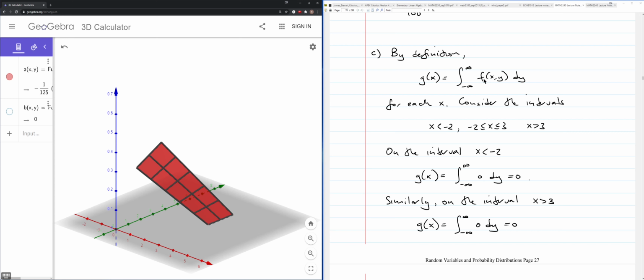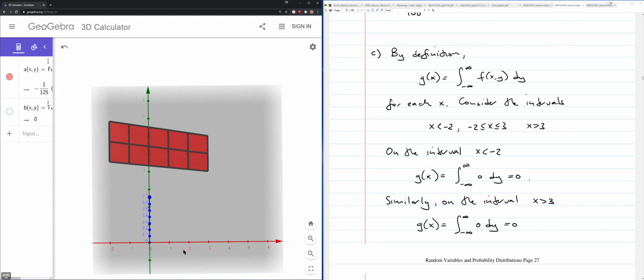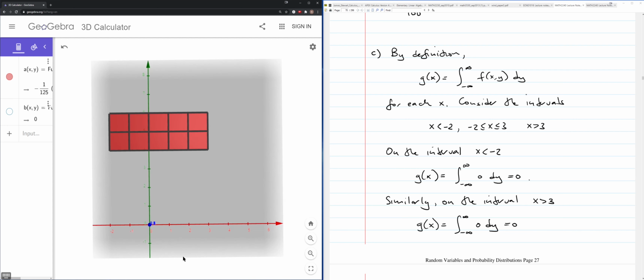Remember that the joint PDF given in the question is only non-zero on the rectangle where x is between minus 2 and 3 and y is between 4 and 6. Everywhere else, this joint PDF is equal to 0.